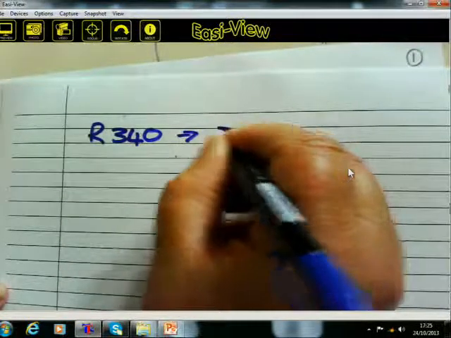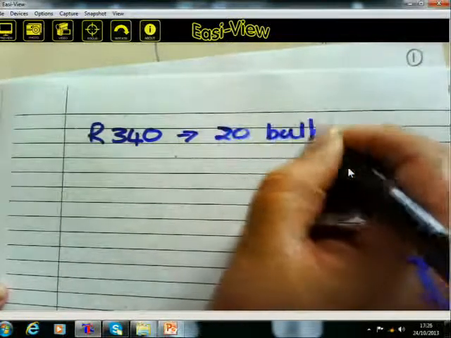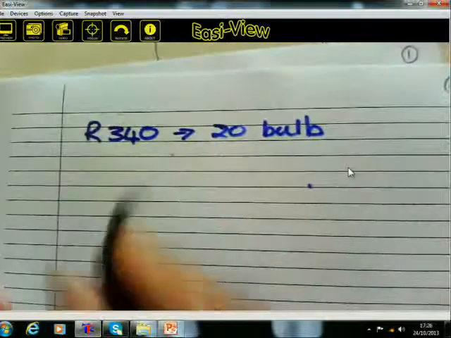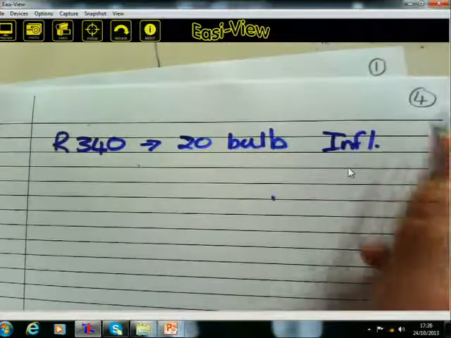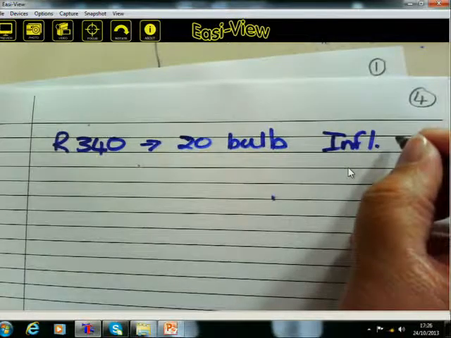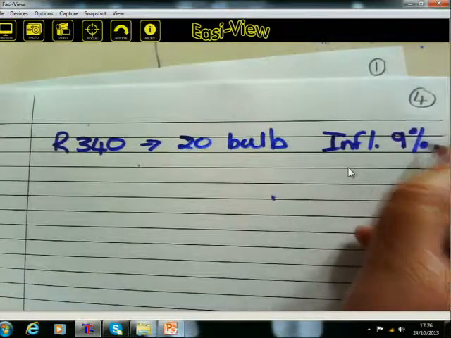I want to show you this because this is a question where we have to look at the purchasing power of our money. Just to give you the example, if I say there were 340 Rand, I could buy 20 bulbs. And it said that the inflation, I'm just going to abbreviate quickly, is 9% per year.